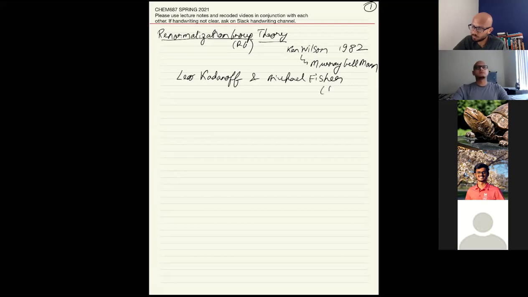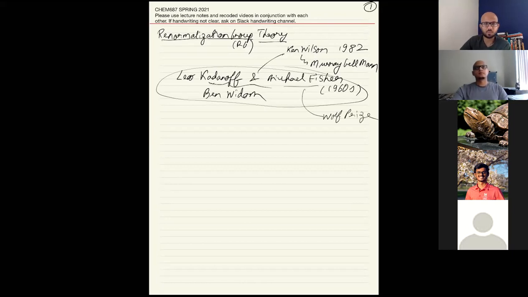And they did much of the work on this in the 1960s, also along with Ben Widom at Cornell. So these are really the people who did most of the work. Over the decades, Ken Wilson was able to make it very practical, and of course, with his own ideas. And Wilson, Kadanoff and Fisher did get the Wolf Prize for this. They did not get the Nobel Prize. Nobel Prizes can be quite complicated and political, but they did get the Wolf Prize for this in 1980.